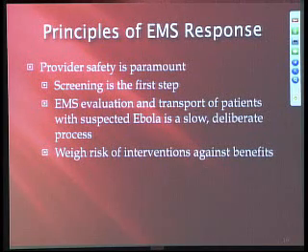And then, as with everything we do, but I think the risk is amplified here, we're going to weigh the risks of intervention against the benefits. There are very, very few of these patients who really need a pre-hospital IV. There are very few of these patients for whom intubation in the pre-hospital setting is going to be the life-saving step. And so we're going to minimize interventions.